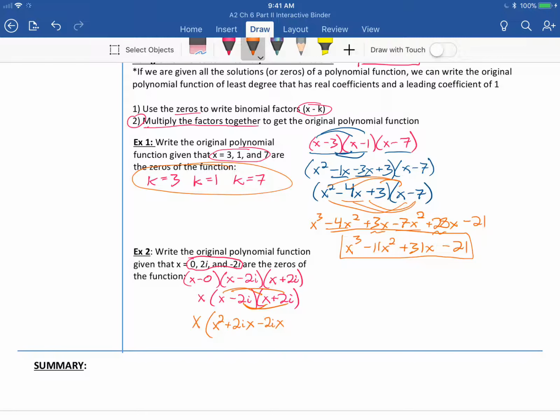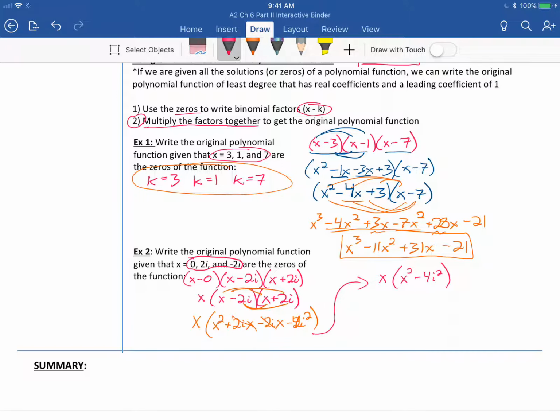And the last one, negative 2i times 2i, gives me negative 4i squared. Now, looking at my ix terms, those cancel out. They're the same. So I'm going to have x, and then x squared minus 4i squared.